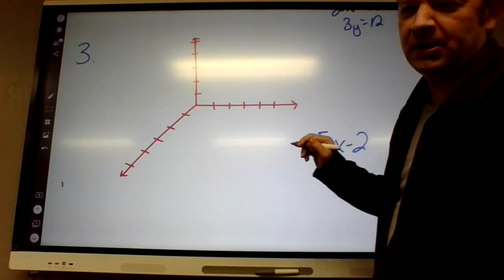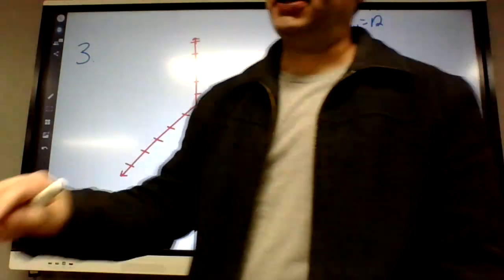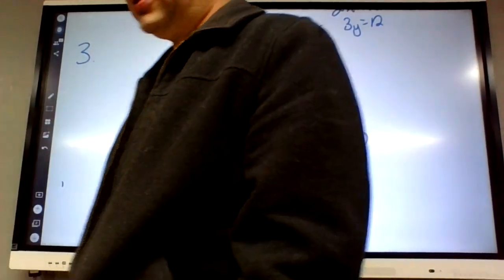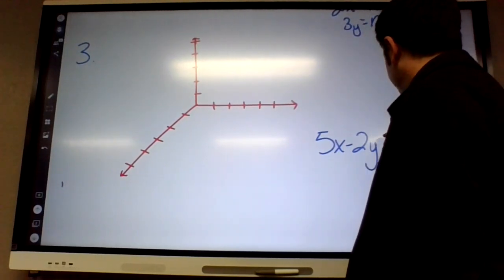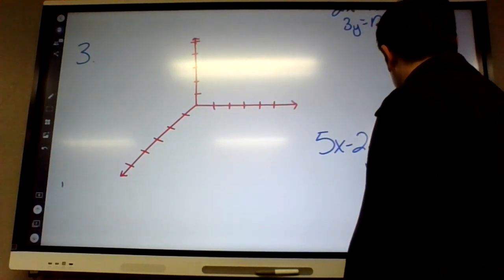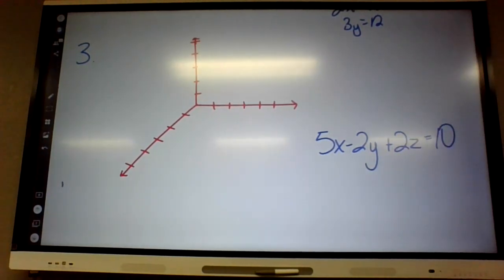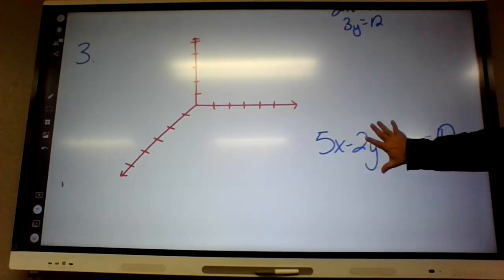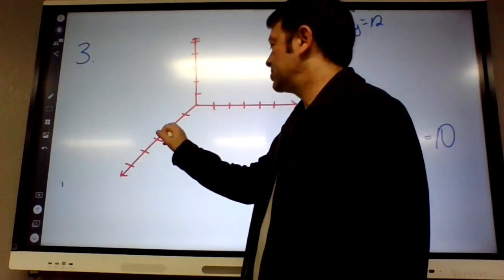Uh-oh. It's because there's a negative. I don't think they're gonna do that, little devils. Okay, we'll fix it when we get there. Okay, if I cover up the y's and z's, 5x equals 10, therefore x is 2.